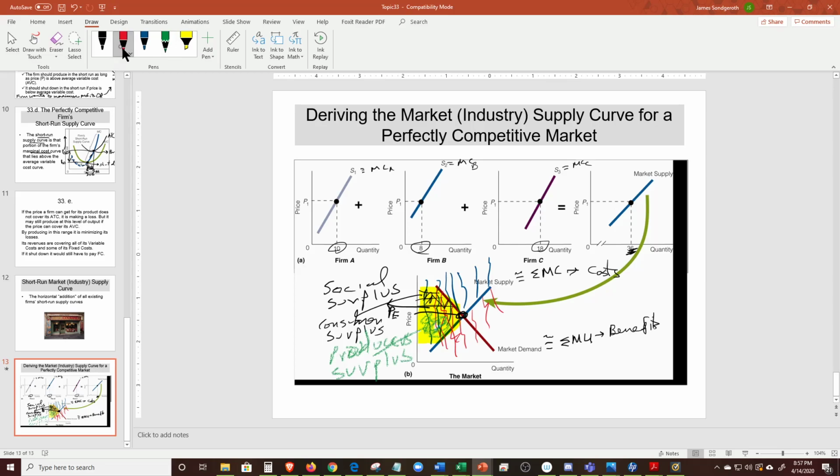And so if we add consumer surplus to producer surplus, we get social surplus.